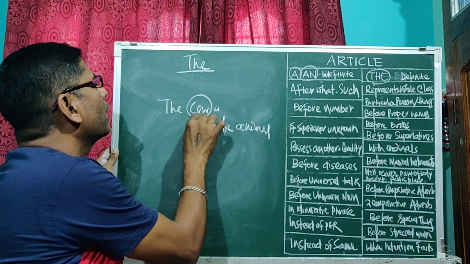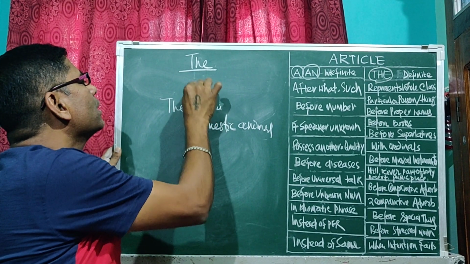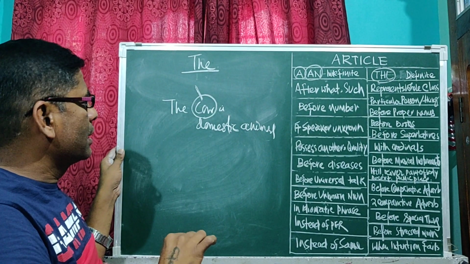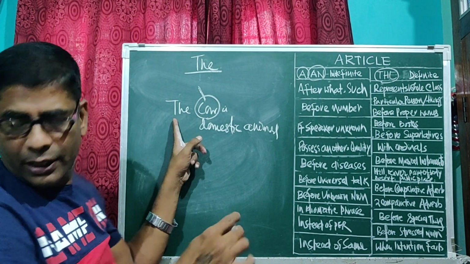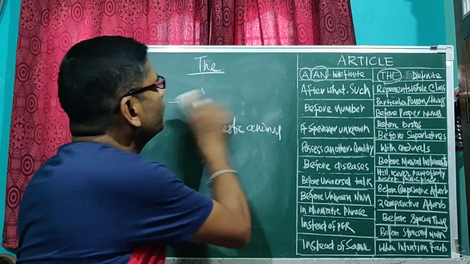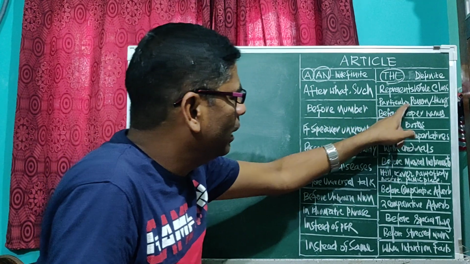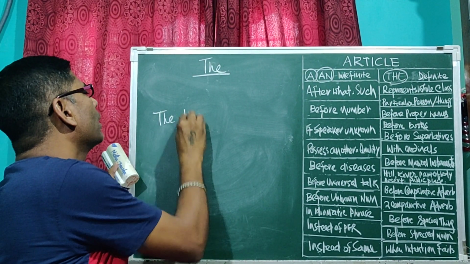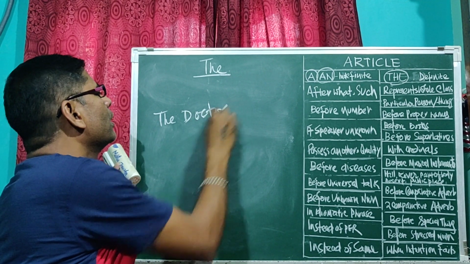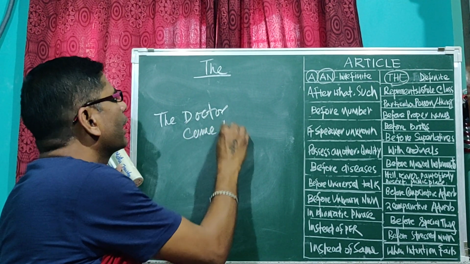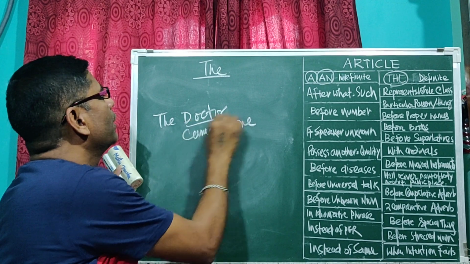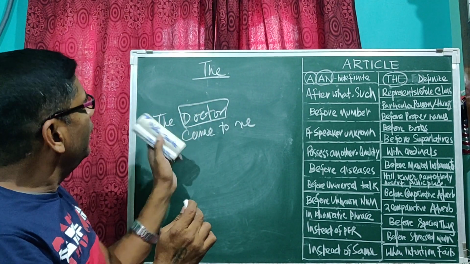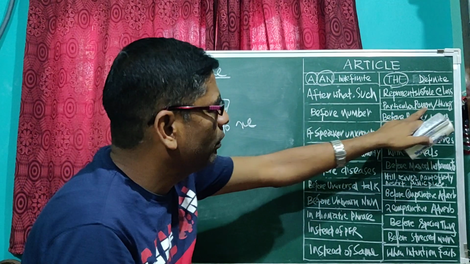This cow represents the whole class, so we put THE. Next, a particular person or thing. The doctor came to me. The doctor is the particular one who came to me.